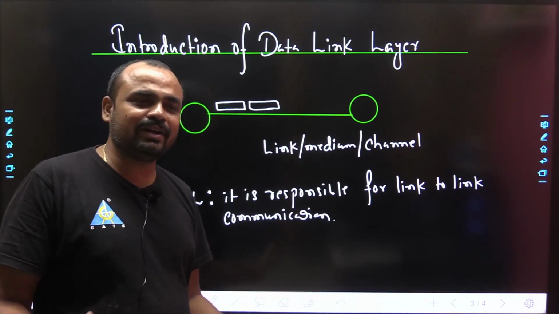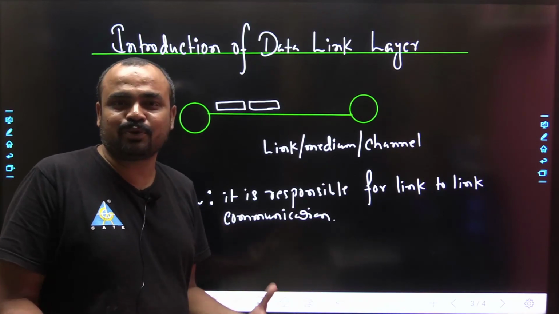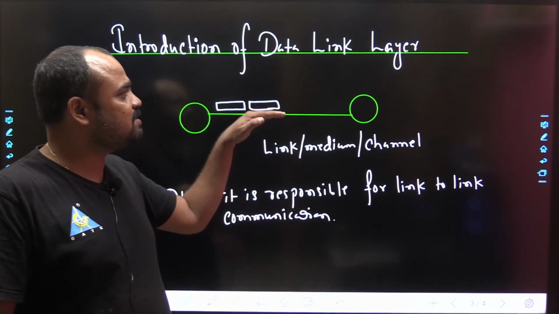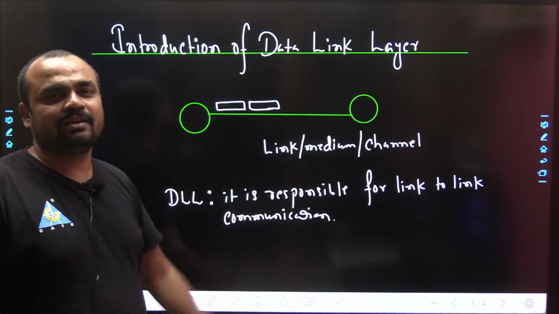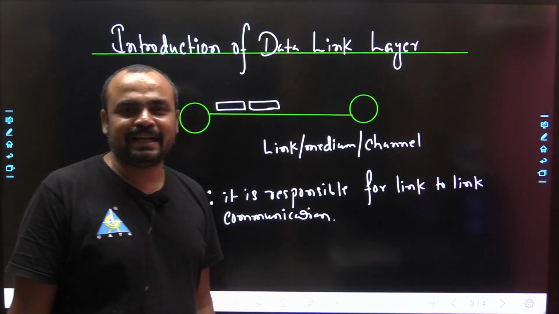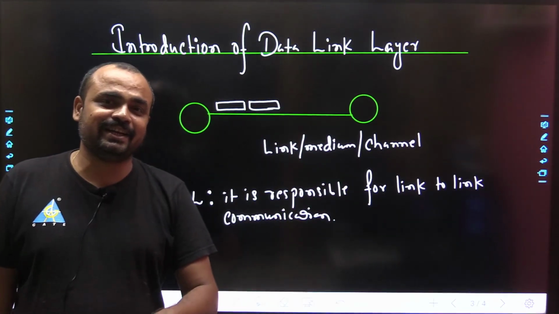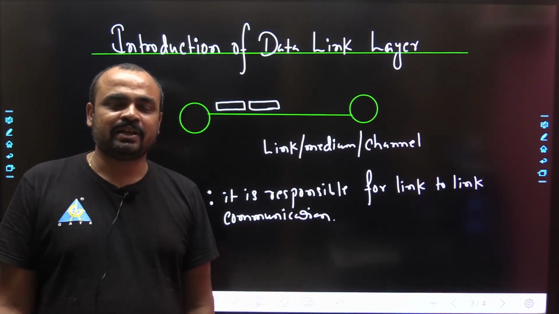Whether you are learning about the framing protocol, media access protocol, flow control protocol, or error control protocol, all the protocols which come under the data link layer will be applicable inside this link. Got it, everyone? Okay, now let's start.